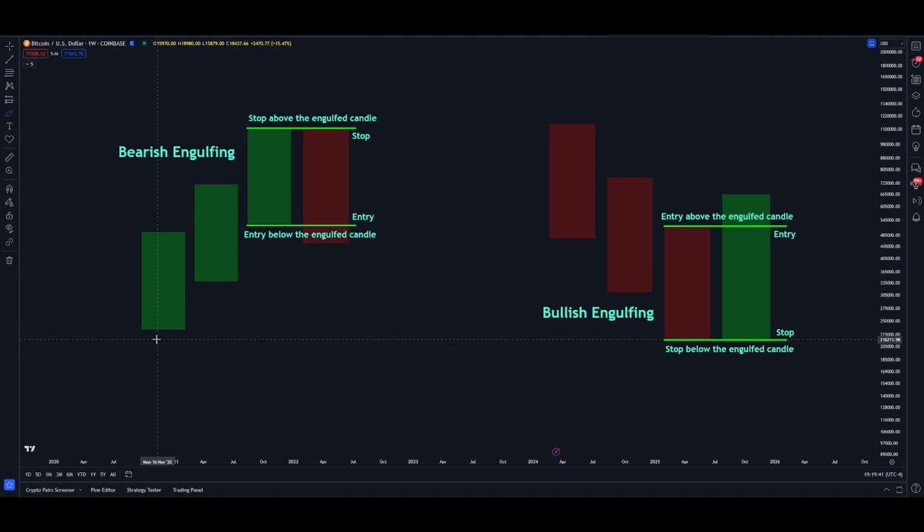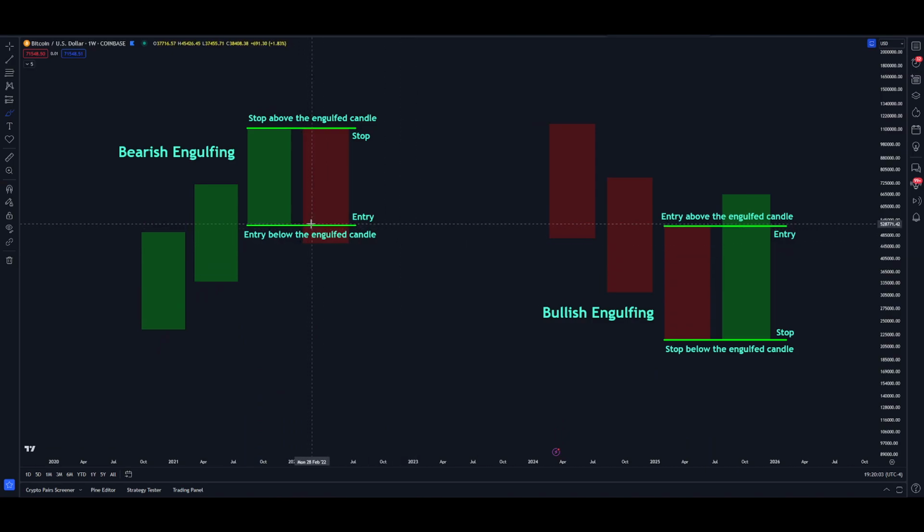We can clearly see this is an uptrend, likely higher lows and higher highs, and then here is a bearish engulfing candle that has now closed below this previous daily candle's low, signifying that trend break on a lower time frame, right? So how can we trade this on the daily?